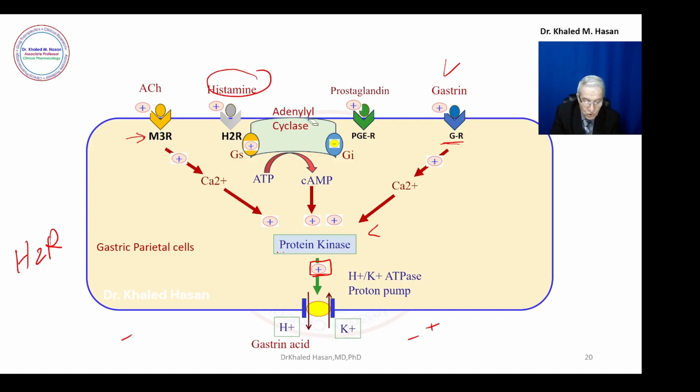Okay, this will lead to activation of the GS protein. GS protein will enhance conversion of ATP, adenosine triphosphate, to cyclic AMP.